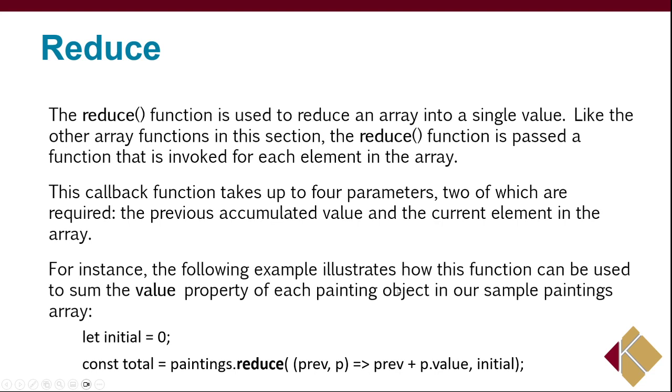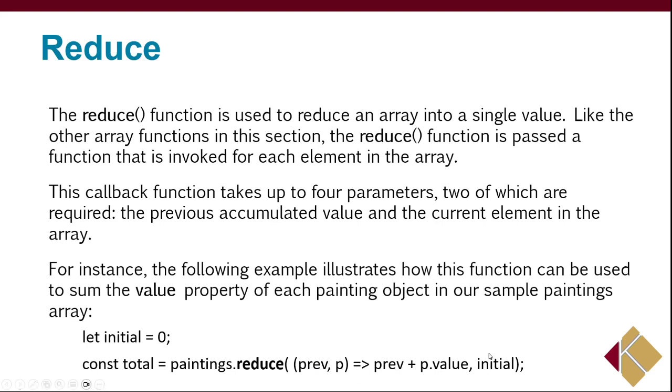It takes a total of 4, which is why we have 2 here, because you have to have the 2, which is the previous accumulated value and then the current element in the array. So previous is the current accumulated value. P is the current value in the array. And then do the thing to get your cumulative total.